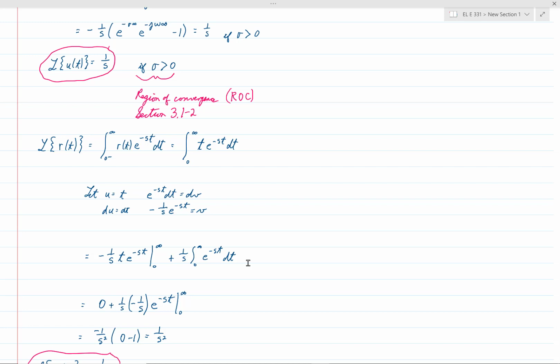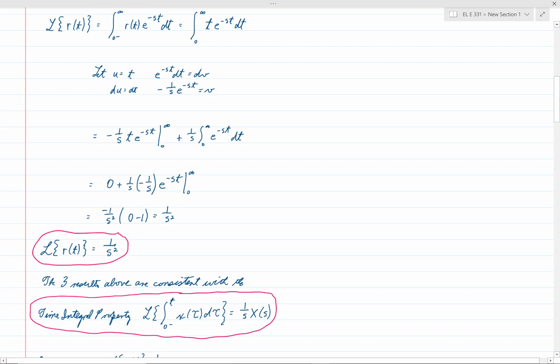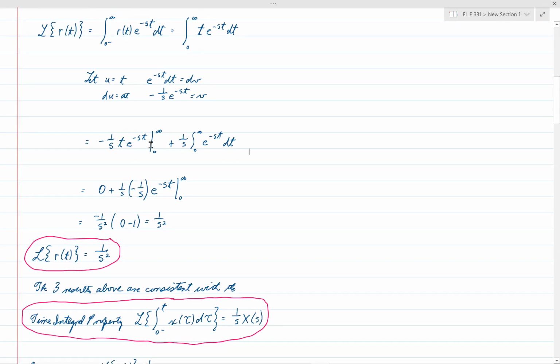The way that we now finish this discussion is at the upper limit. Don't let this fool you here. At the upper limit, admittedly, as t goes to infinity, that's very big, but e to the minus s times infinity is going to 0 much more quickly than this is going to infinity.